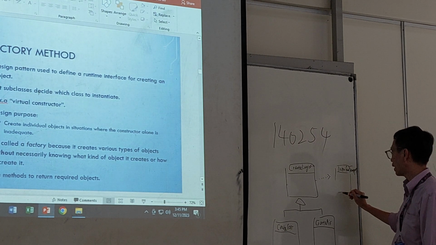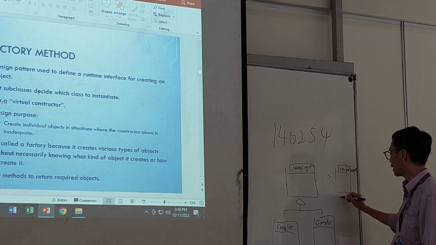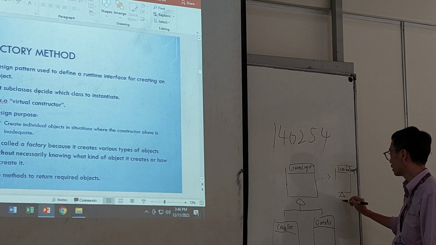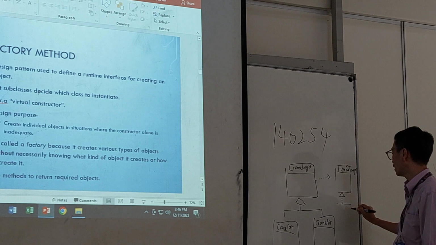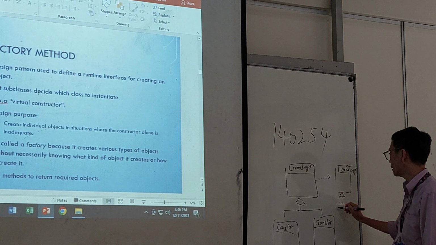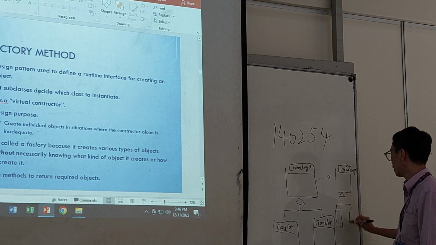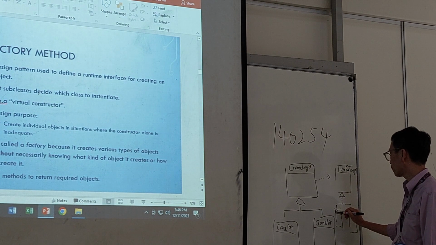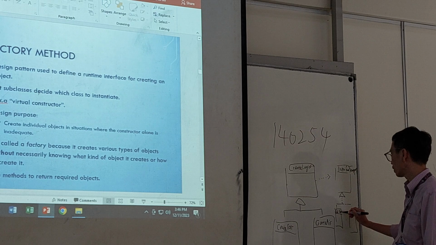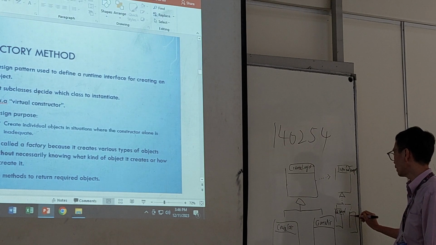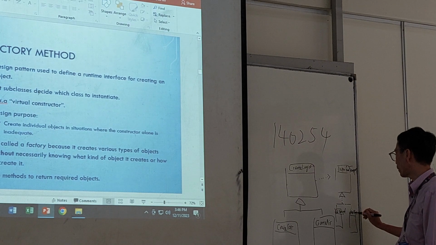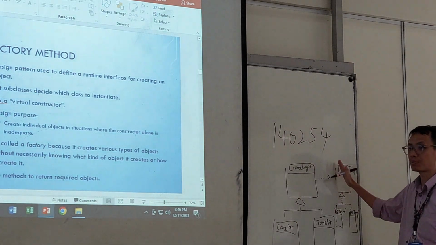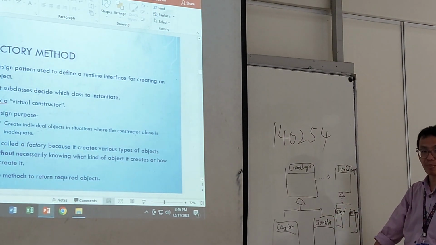Transport here, and then we can realize, I use a dotted line, we can realize, and then this one is car transport, and then this one is air transport. Maybe it's a plane, whatever. Okay, this is the product and this is the factory method.